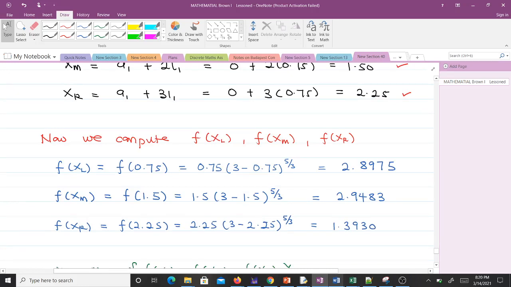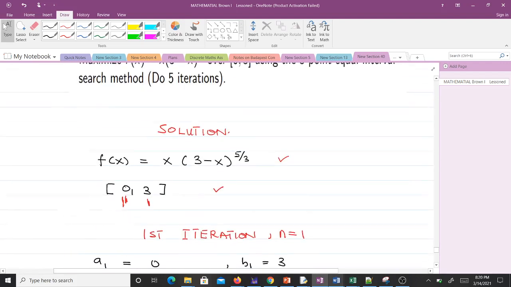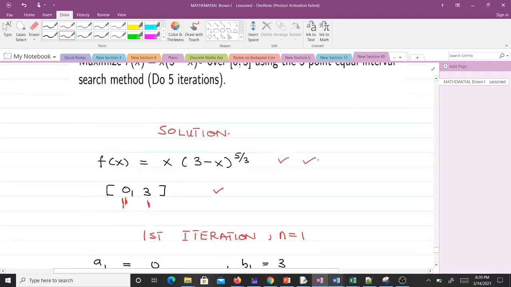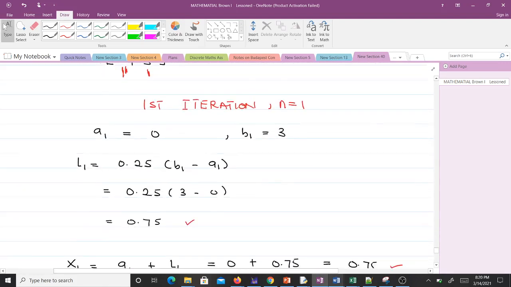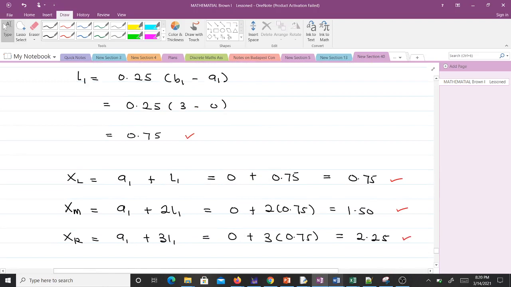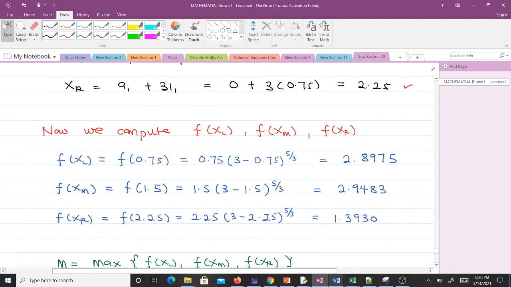So f of xl will be f of 0.75. We go into our objective function, and wherever you find x, we put 0.75 there. That will give us 0.75 times 3 minus 0.75, raised to the power 5 over 3.